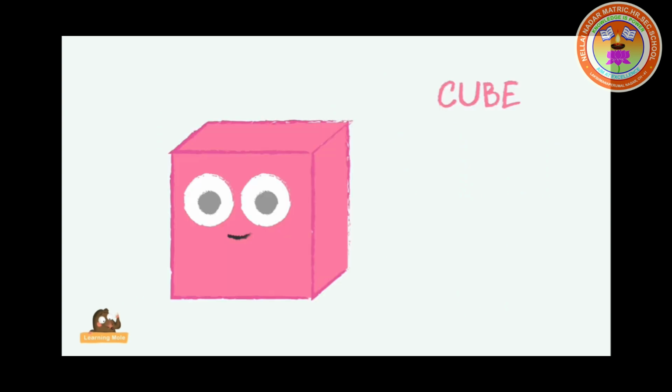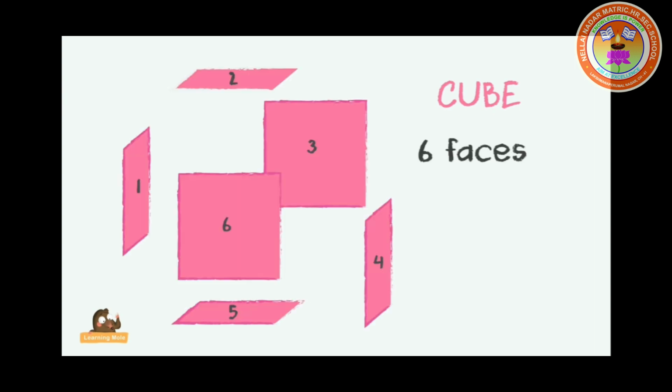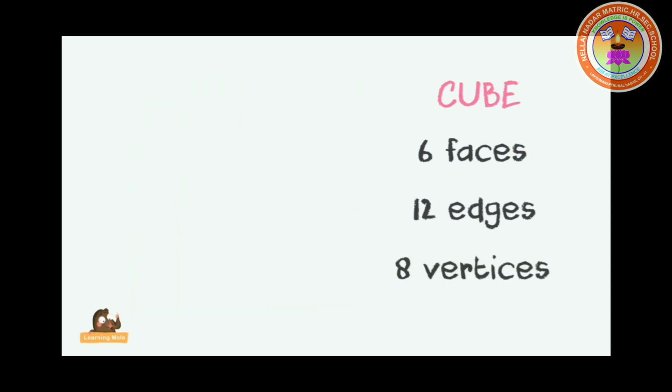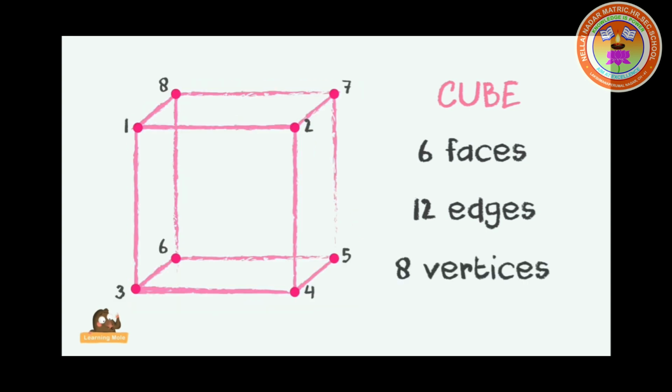Now next move on to the properties of 3D shapes, under that, cube. First let us see about the cube. It has 6 faces. So these are the faces, and next it has 12 edges and 8 vertices.